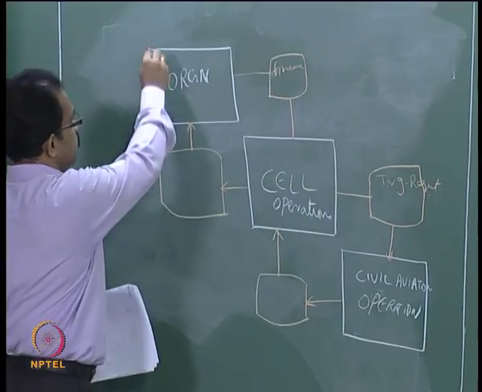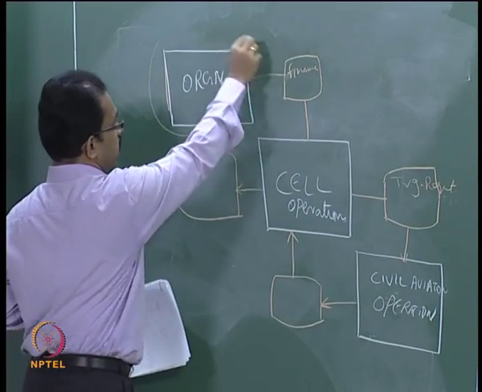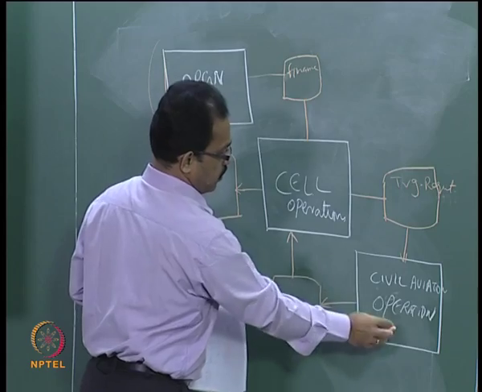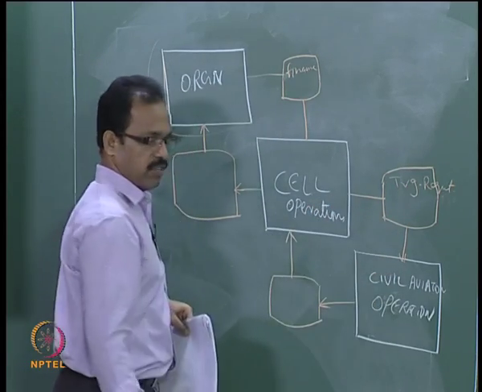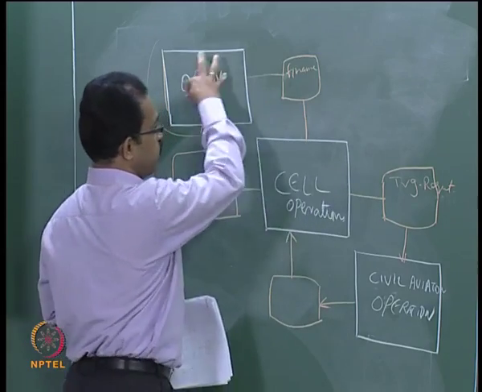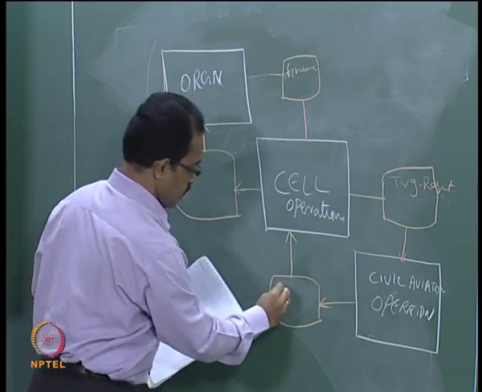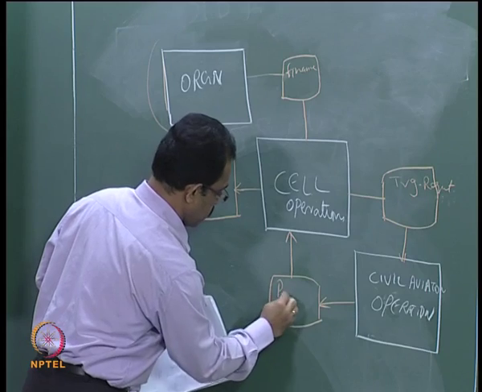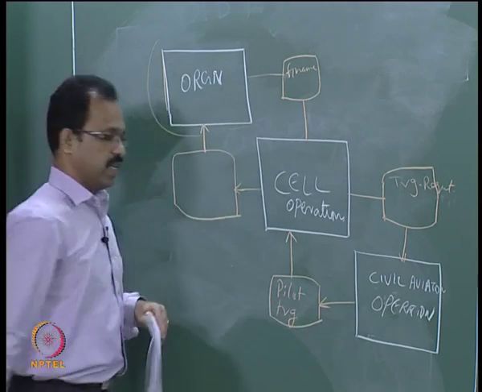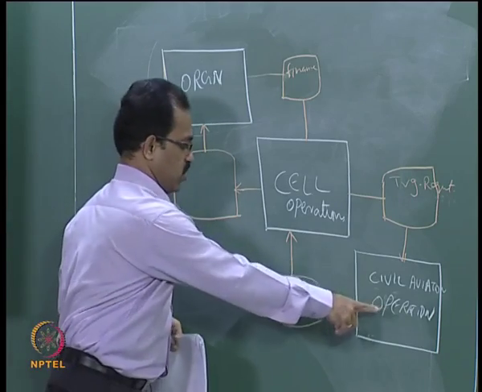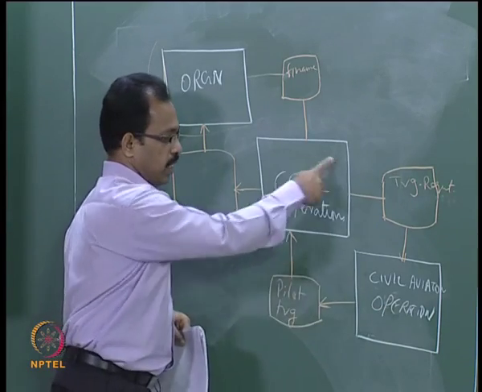So you can see that this particular organization had no direct link with this civil aviation operation, or the interaction between cell and civil aviation operation was totally independent of this organization. And similarly the output was the pilot training. So pilots were trained using the civil aviation operation, and they were getting into this loop only.